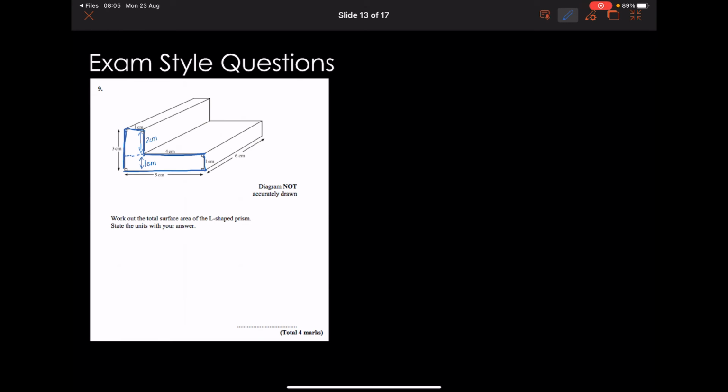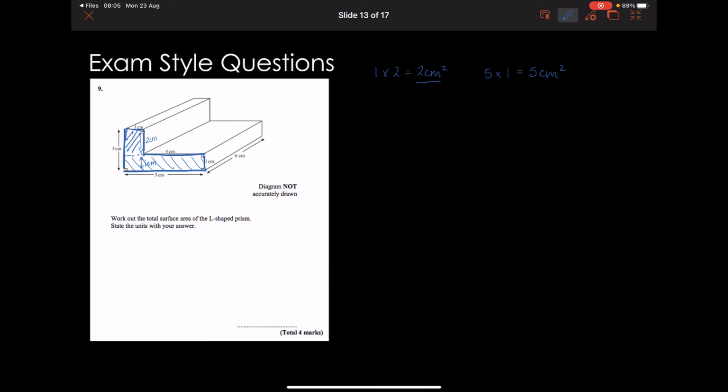So this small rectangle there is 1 times 2, which is 2 centimetres squared. And the longer rectangle down here is 5 times 1, which is 5 centimetres squared.